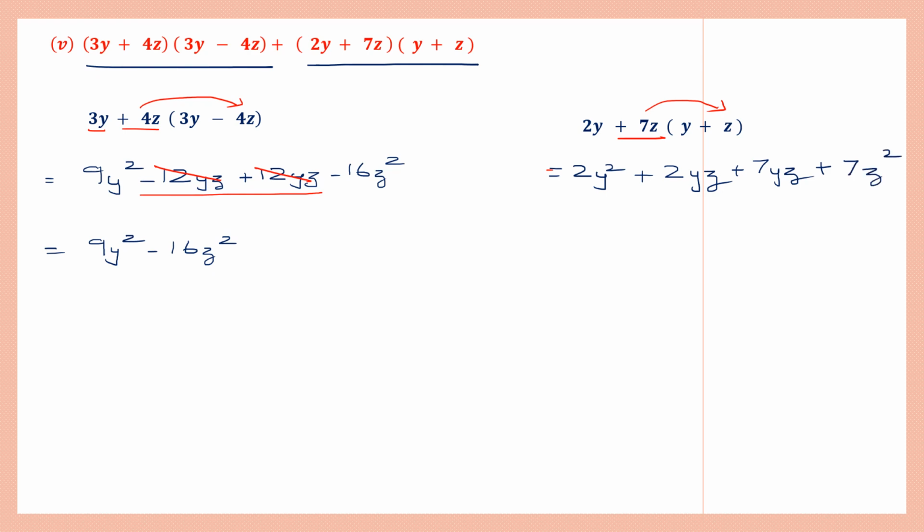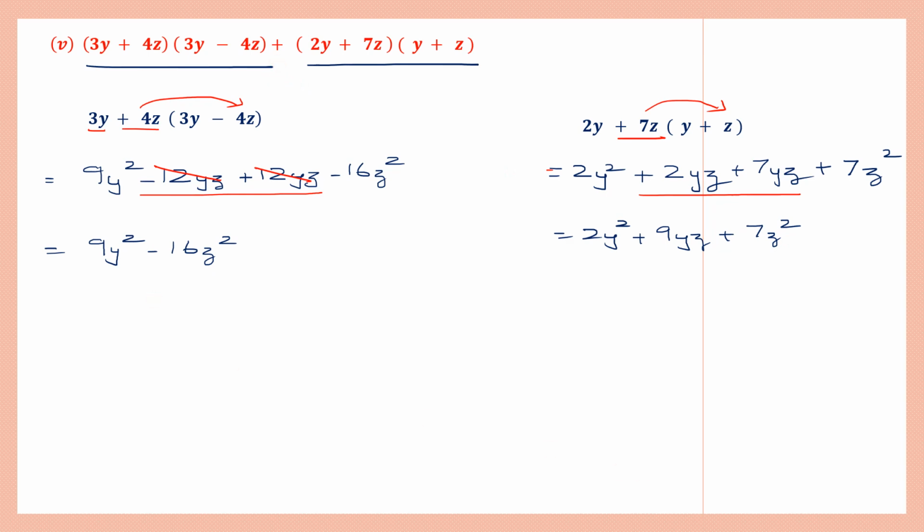So again, look out for like terms. Now here we have only these two like terms. So let's write 2y square. Now take the numbers plus 2 plus 7. 2 plus 7 is 9. So that is 9yz and plus 7z square. So now we have two answers. We have one answer here and one answer here. We have to add up the two answers.